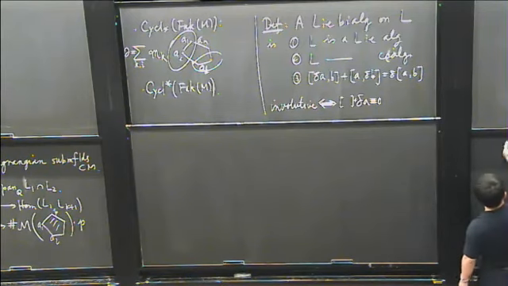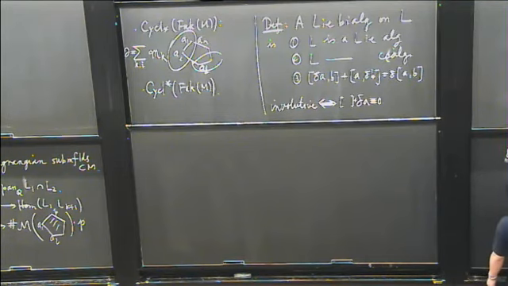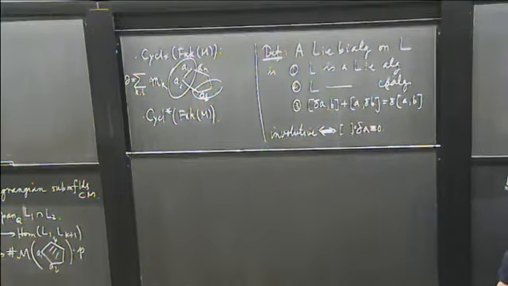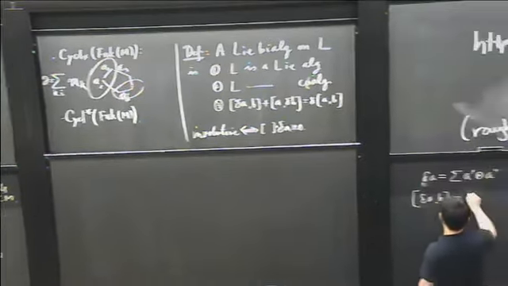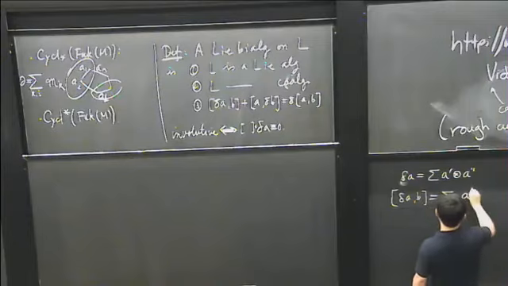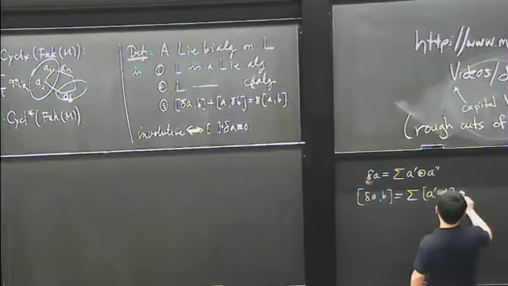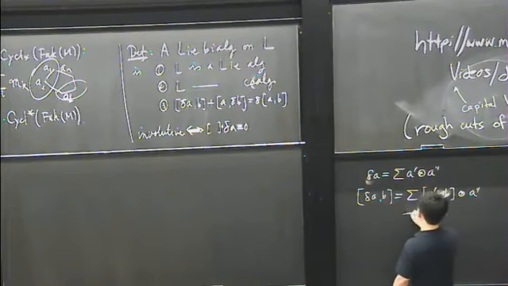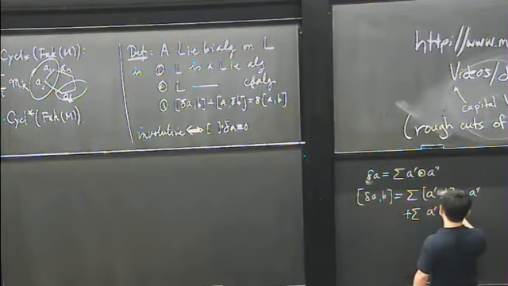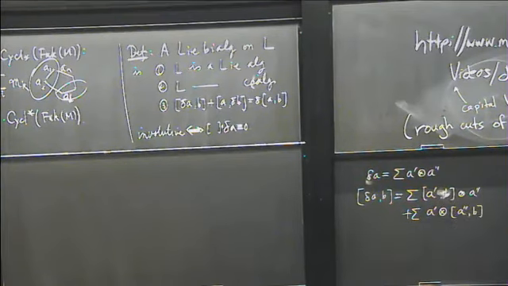Suppose delta A is the sum of A' tensor A''. Then delta of AB is the sum of A' tensor A'' B plus the sum of A' B tensor A''. So this is the exact meaning of that notation.